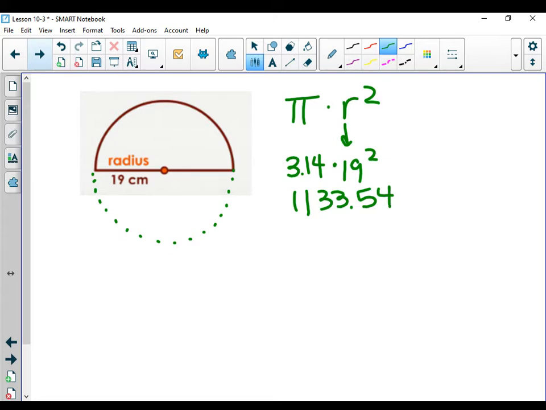Cut that in half. Another way to say cut it in half: divide by 2. That's 566.77 centimeters squared.